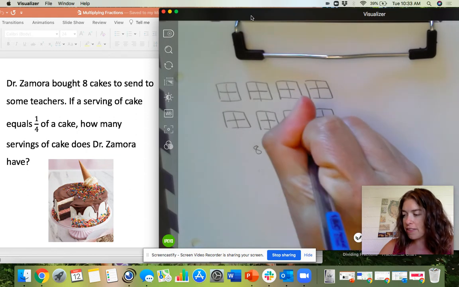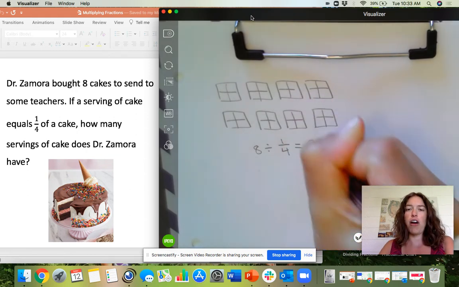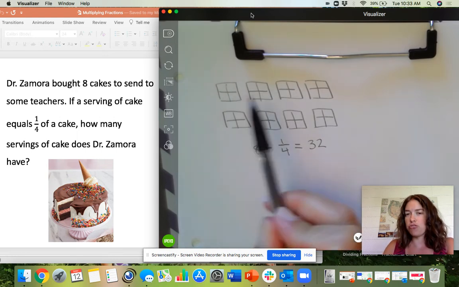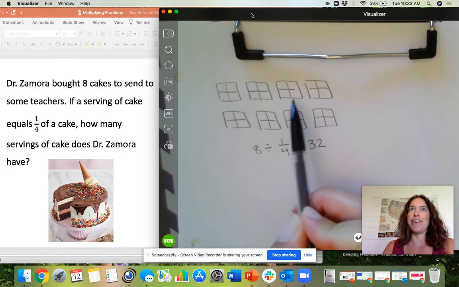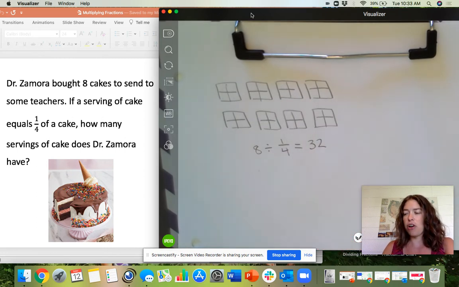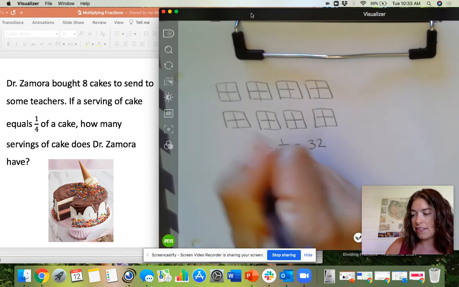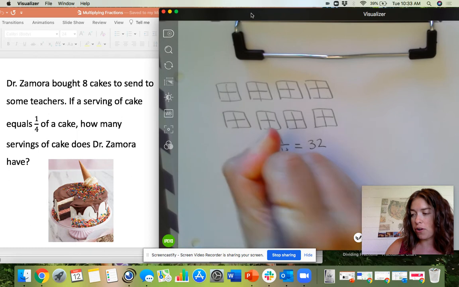And I was noticing, as I was working with some scholars during office hours, scholars who were saying, well, I don't want to count all of those by ones. In fact, I can count by 4s, and I don't even have to count by 4s. I don't have to say 4, 8, 12, 16, and go on and on and on. I actually know that if every cake has 4 pieces, I can just do 8 times 4.